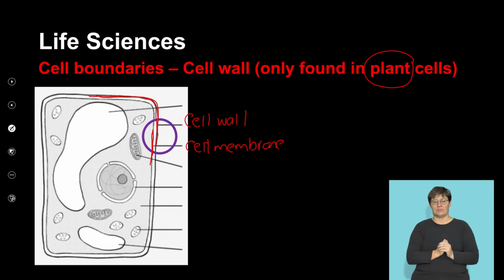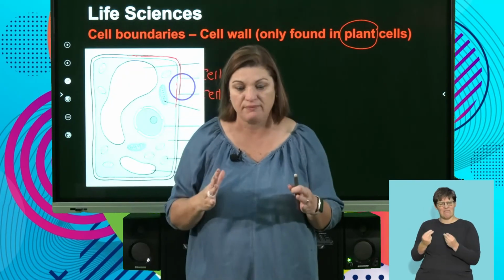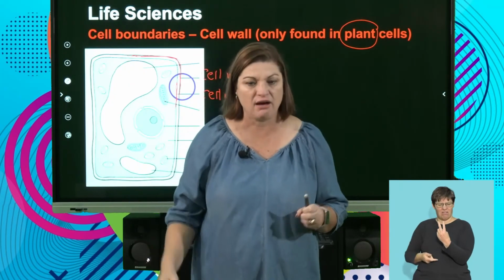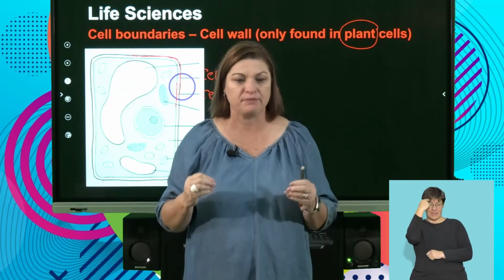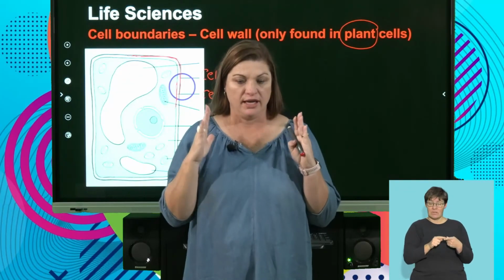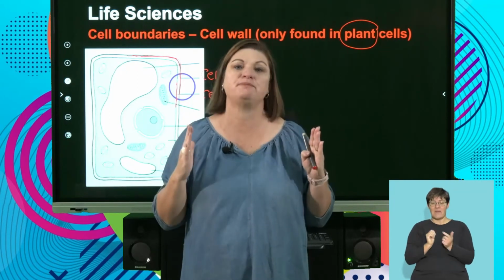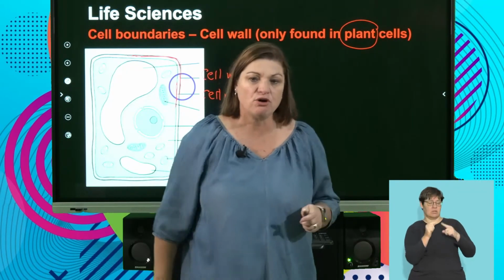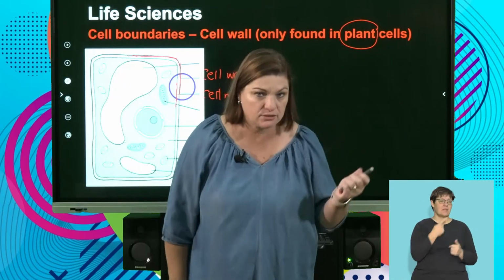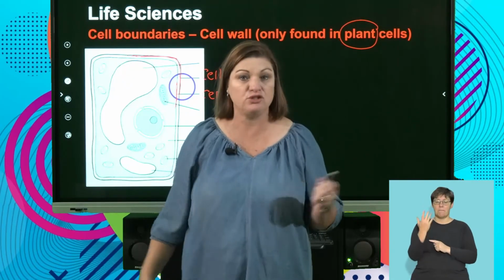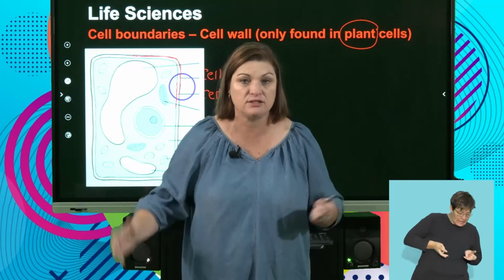Now, when you come to why it's important that plant cells have the structure, I want you to think of the following. It is hard, and it is rigid, and it's got like a fixed shape to it. Now, if I were to ask you to go and cut out a plant and open it up, do you find a skeleton, do you find a support system?